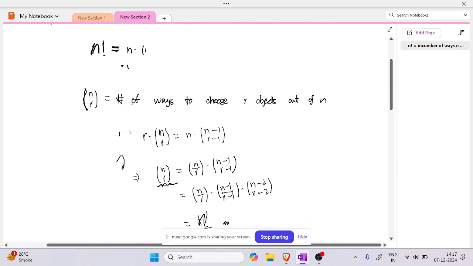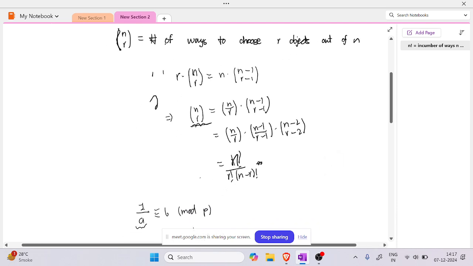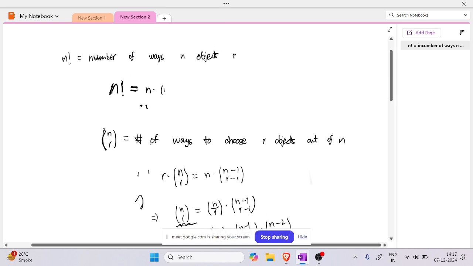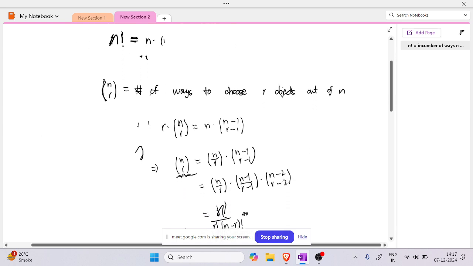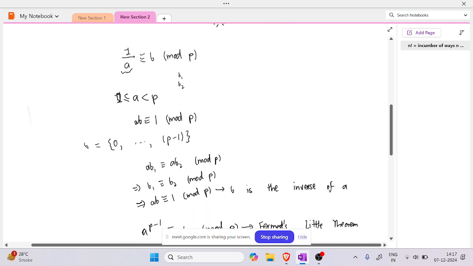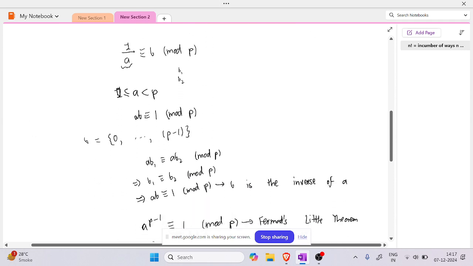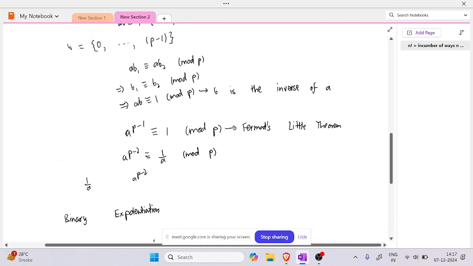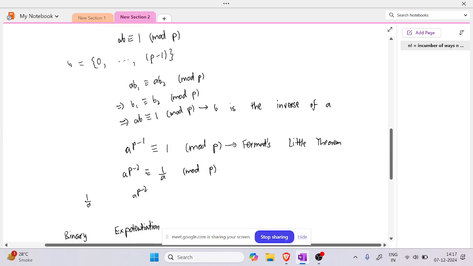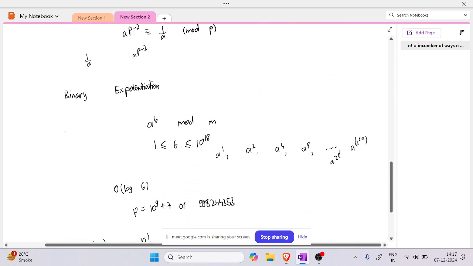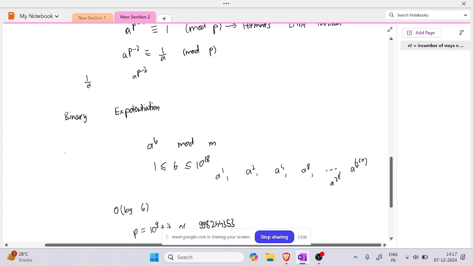Probably you all know this, but I was just doing it for the sake of completeness. First, n factorial is the number of ways n objects can be arranged, and NCR is the number of ways to choose r objects out of n. Then the existence of the inverse modulo p, and how you calculate an inverse modulo p in a competitive programming context or in any general context, because binary exponentiation is useful.